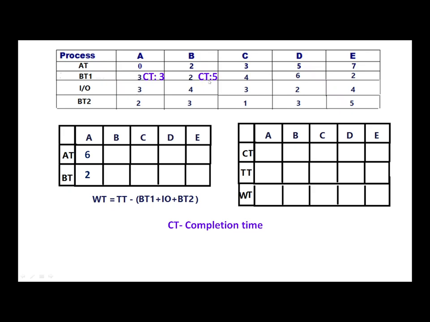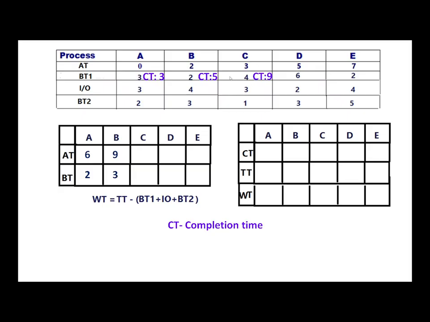So when B finishes its first burst time at time 5, it is going to start its IO operation. So 5 to 9, that is 5 plus 4, 9, till then it will be busy with IO operation. So again at time 9 we can expect B to be available for execution, and we are supposed to schedule it for 3 units of time to finish it.